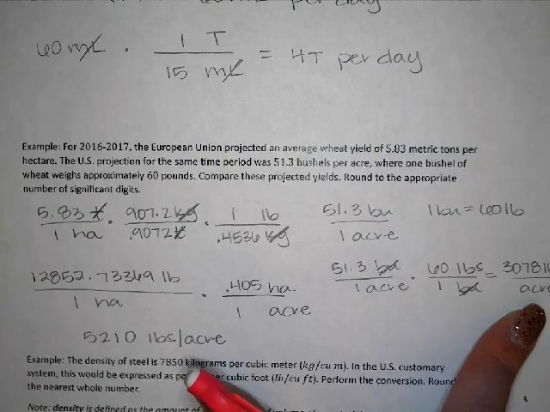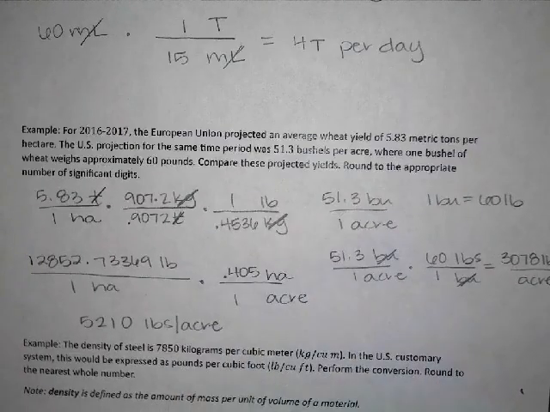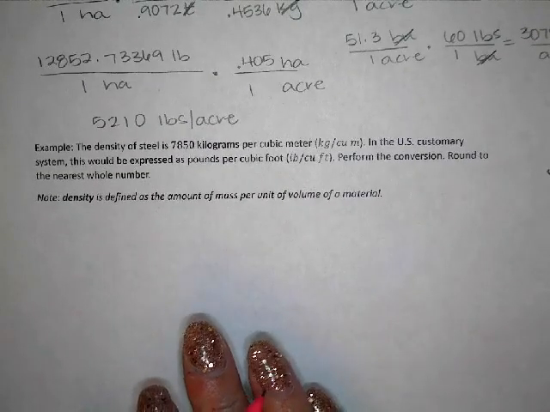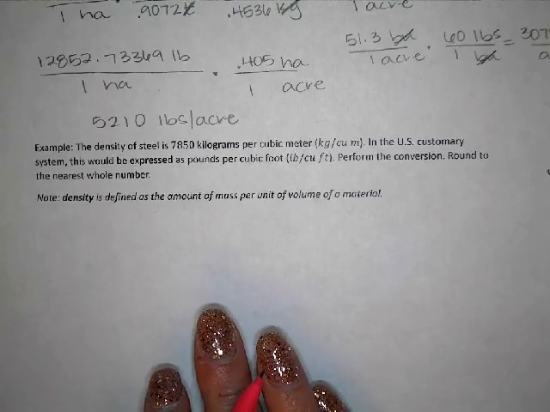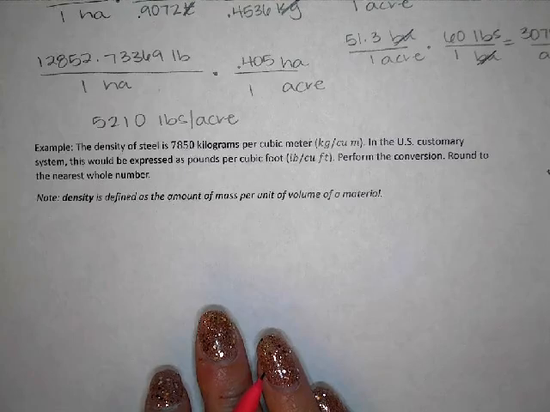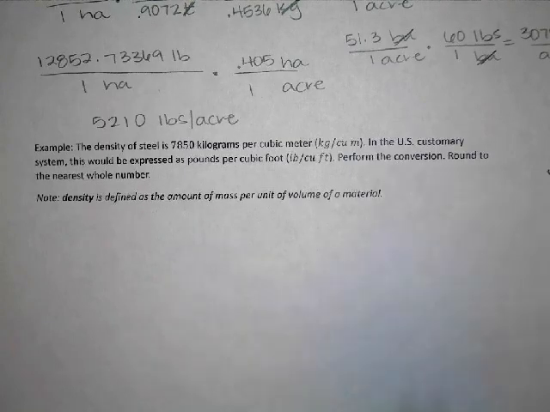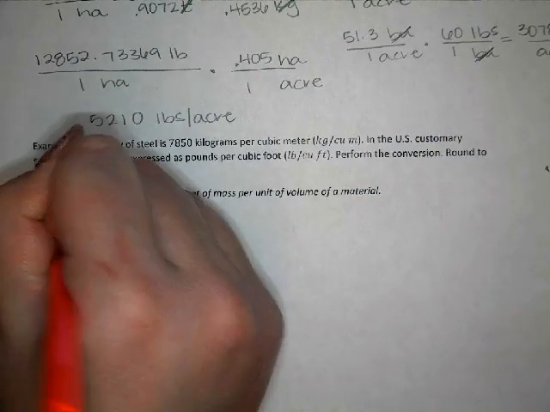All right. Last problem. The density of steel is 7,850 kilograms per cubic meter. In the U.S. customary system, this would be expressed as pounds per cubic foot. Perform the conversion. So 7,850 kilograms per 1 cubic meter. We're going to convert it into pounds per cubic foot.